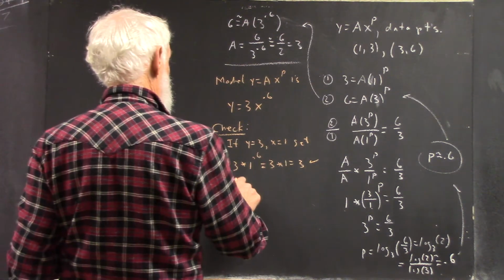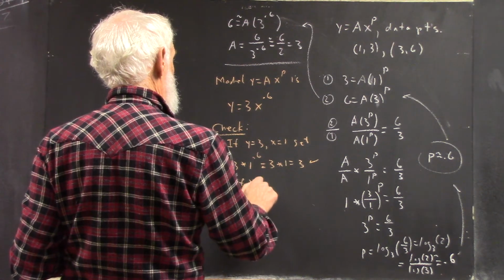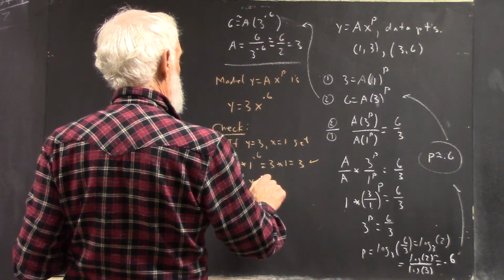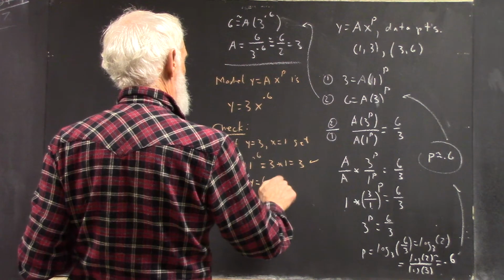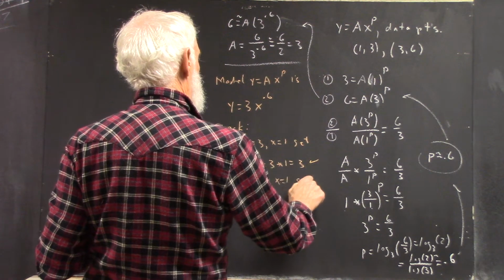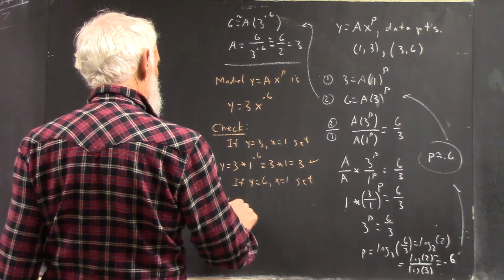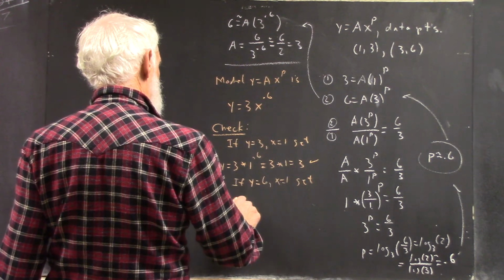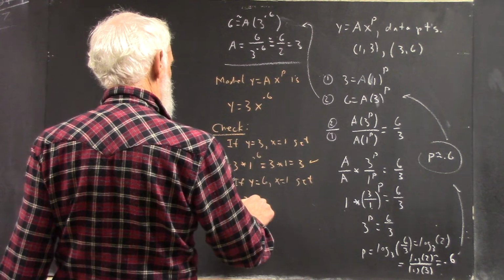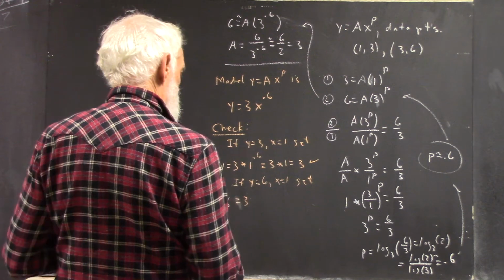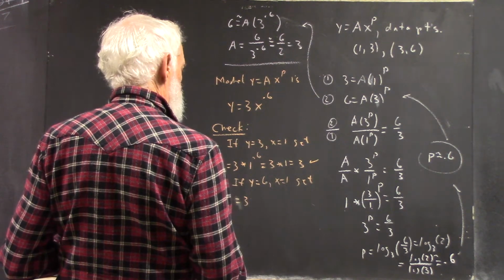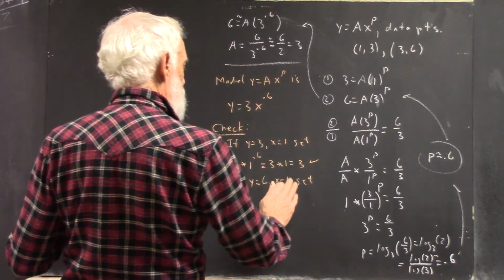And if y is 6 and x equals 3, we get 6 equals... x isn't equal to 1, x is equal to 3.